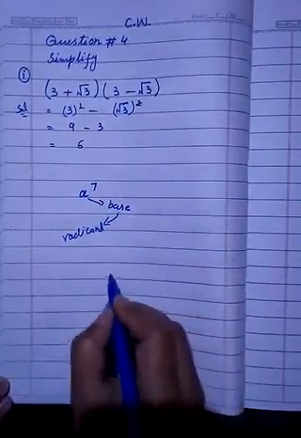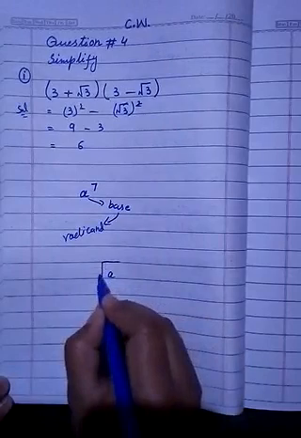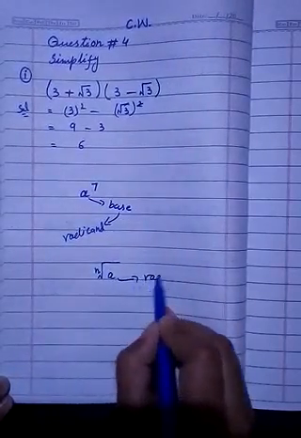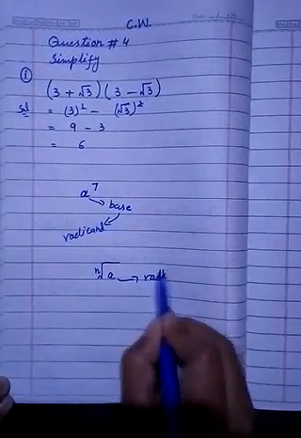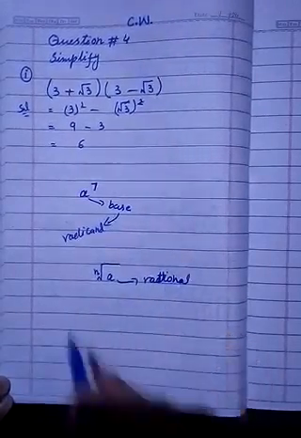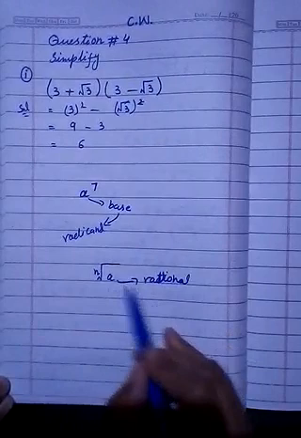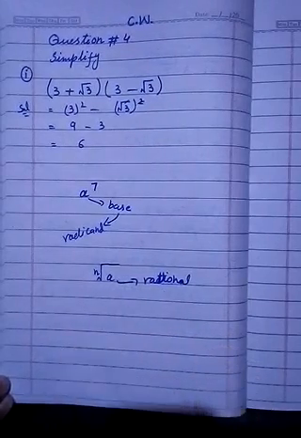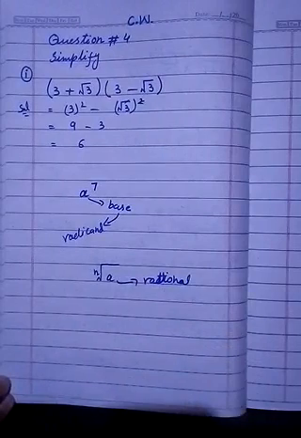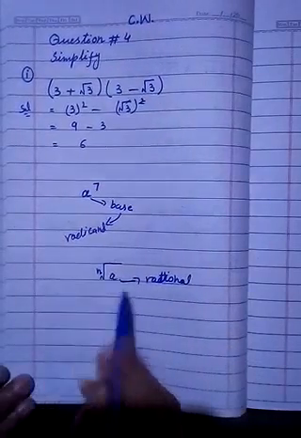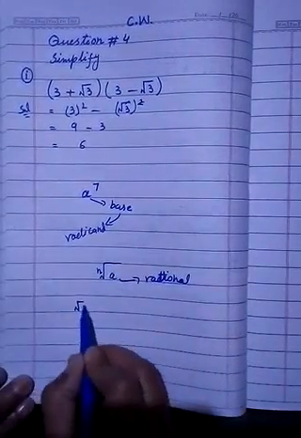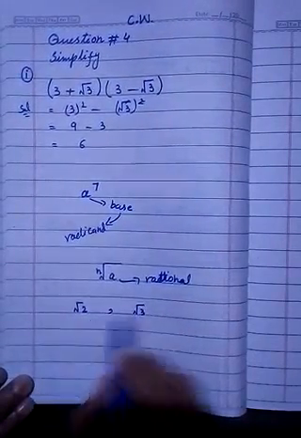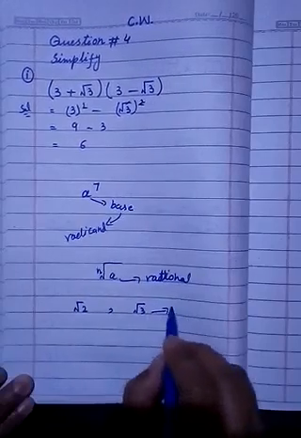When you write here a under root n, its index is n, so a is a rational number, and under root n, a is irrational. Now you can say that is known as surd term. So its types: when you write just a single term like under root 2, comma, under root 3, having one term, that is known as a monomial.